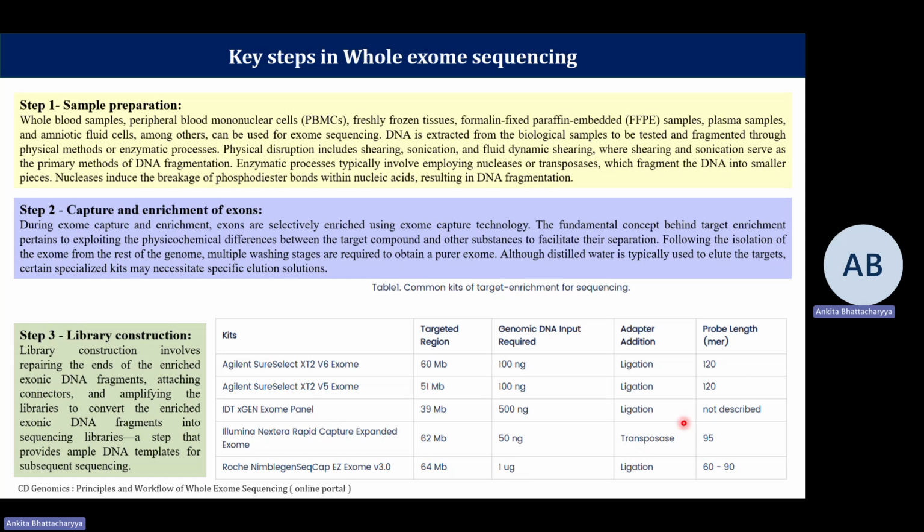So you also have the adapter ligation step, which for most cases, you can see that the ligase or the ligation step is what allows for attaching the connectors or the adapters. For Illumina Nextera, you use transposase for this purpose. You can read about it, or maybe we can discuss in the next class.